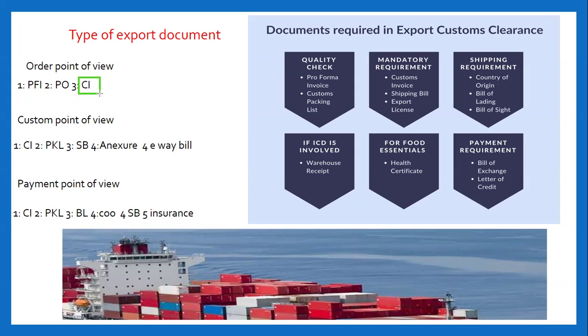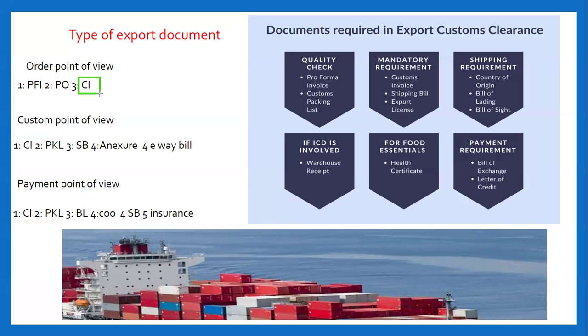If any dispute arises in the shipment, the purchase order and proforma invoice are used to settle it. Without a purchase order, your dispute will not be settled by the Chamber of Commerce. So keep in mind, once you receive the purchase order, only then can you start your export.